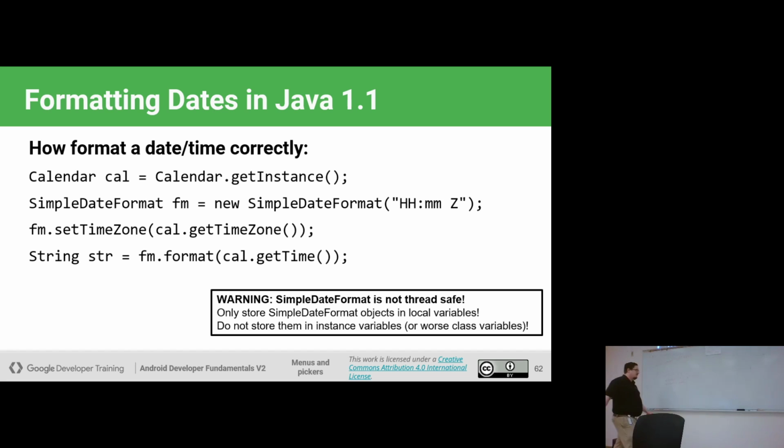Uppercase H is hour of day, 24 hours. Lowercase h is the hour, but in a 12-hour clock.